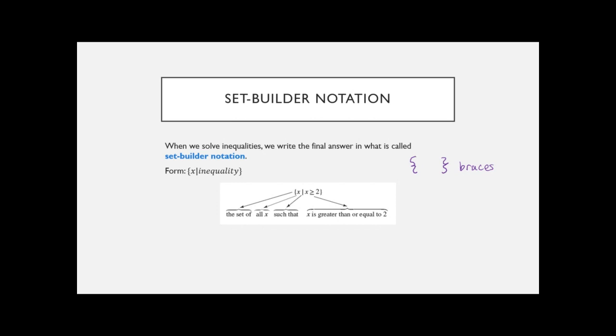and that's how we indicate that we have a set, is we use these little symbols. And then we've got our variable on the left that just tells us what is our variable that we're solving for. So we have x. And then you have this vertical bar. It's just a straight bar. I usually read it as the word where.